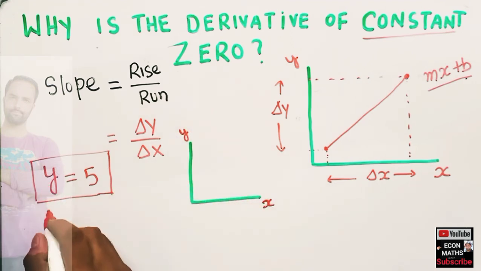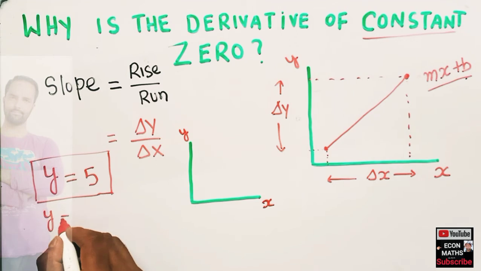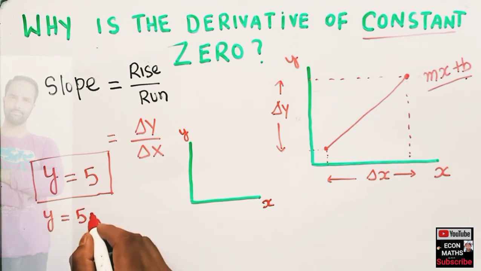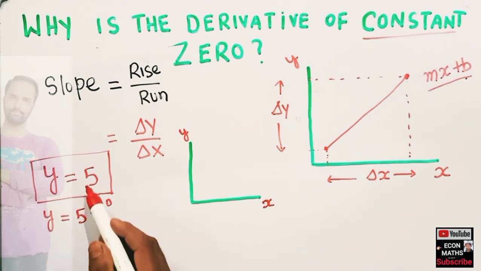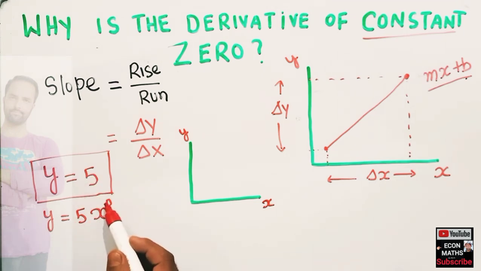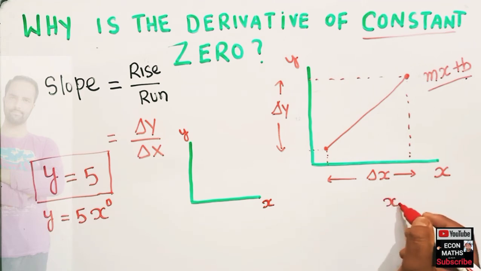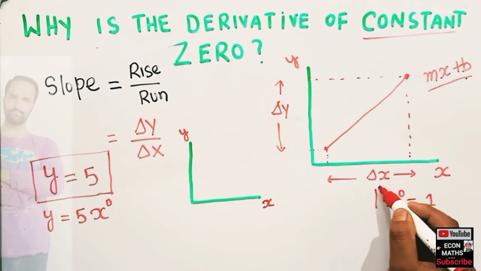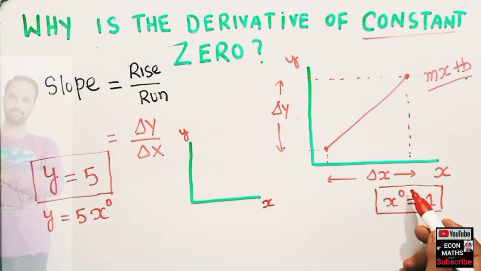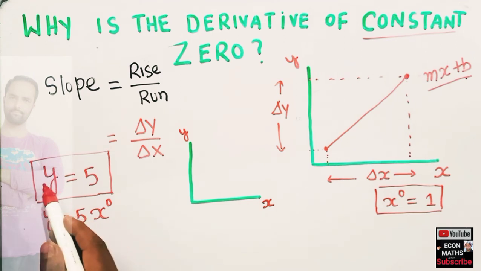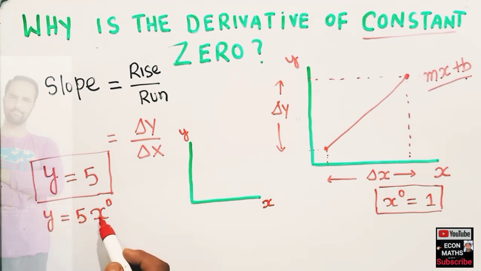This function can be written as y is equal to 5 times x to the power 0. Writing 5 or 5x to the power 0 is the same, because x to the power 0 is equal to 1. Anything raised to the power 0 will be equal to 1. By anything we don't mean x equal to 0, since 0 raised to the power 0 is undefined. So I can write y is equal to 5x to the power 0.